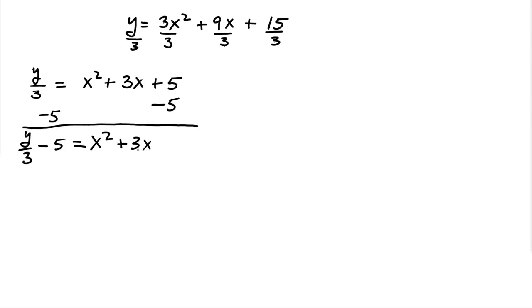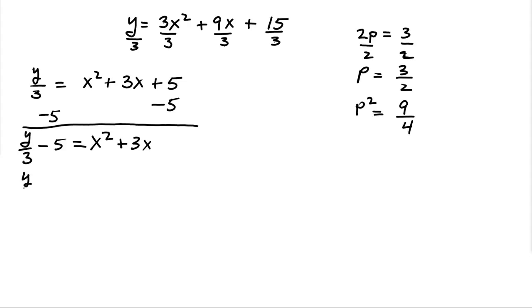So that means my 3 is my 2p. So 2p equals 3. Divide both sides by 2, and p equals 3 halves. So p squared equals 3 halves squared, and we get 9 over 4. So 9 over 4 is what I have to add to both sides.